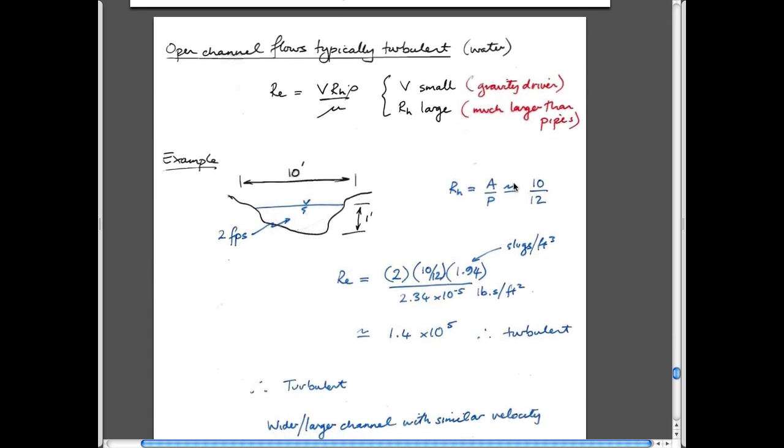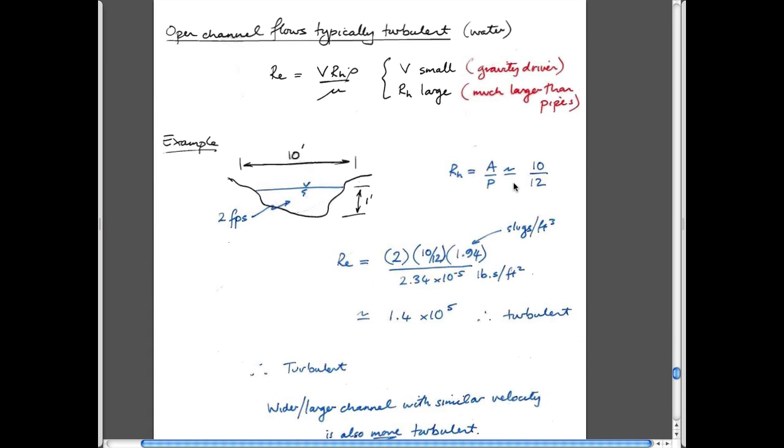You can do a quick calculation for an open channel with the hydraulic radius, using the density of water and viscosity of water. Take a tiny little stream, 10 feet wide and a foot deep. The area is 10 by 1, and the perimeter is 1 plus 10 plus 1, which is 12.